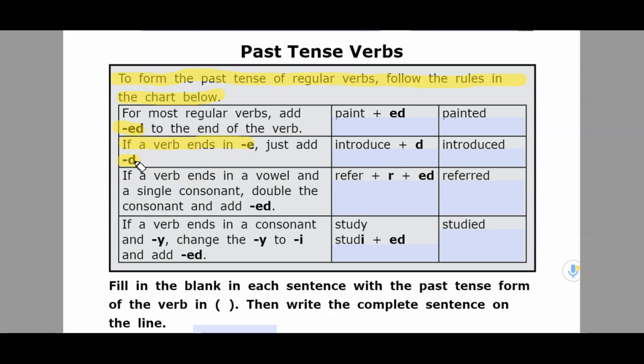Just the D. If a verb ends in a vowel and a single consonant like this, you have to double the consonant, then add ed. Okay. If the verb ends in a consonant and a Y, just change the Y to I and then add ed.